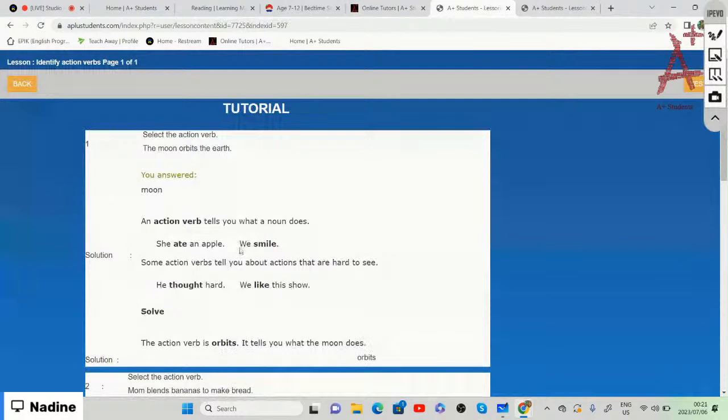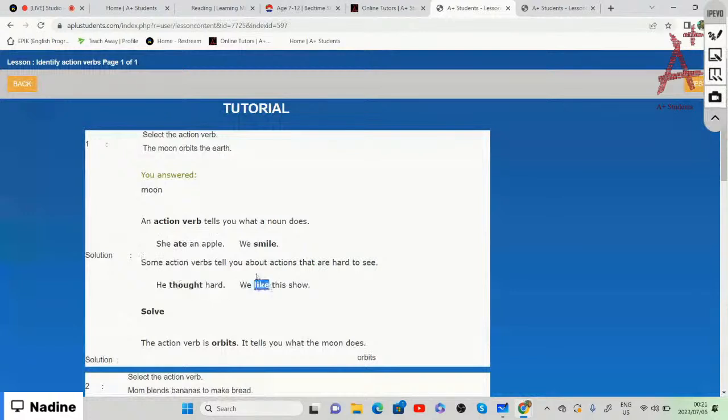All right, so we first said that an action verb tells us what a noun does, right? And some action verbs also tell us about actions that are hard to see, like thoughts. We don't see thoughts unless you talk about them or write them down. We like the show.